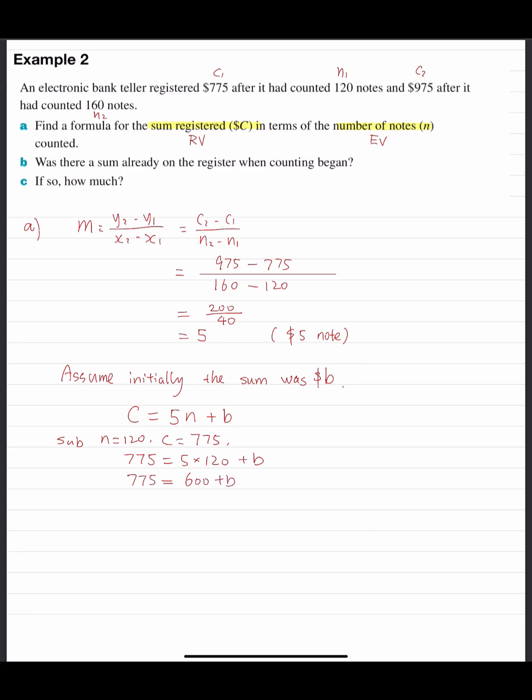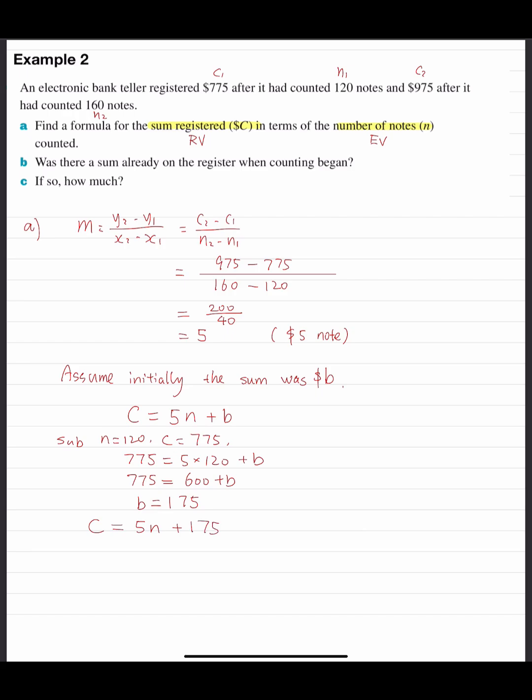And then we can easily find out that B is $175. So initially they should have had $175 already counted. Let's rewrite the rule: C equals 5N plus 175.